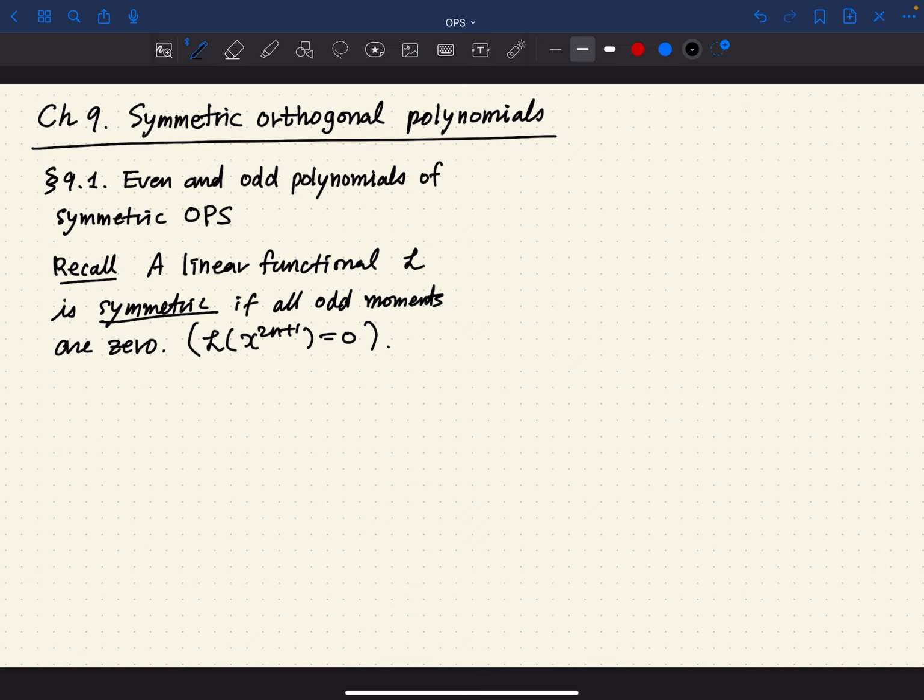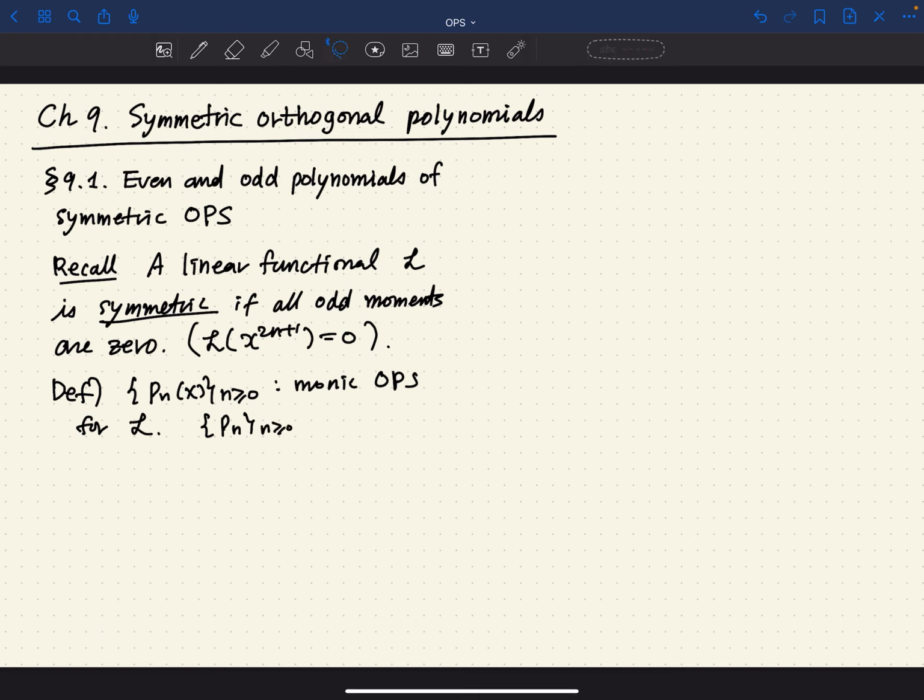Okay, and suppose that we have a monic OPS for a linear functional L, then we say that this is symmetric if L is symmetric. So in other words, odd moments of the orthogonal polynomials are 0.